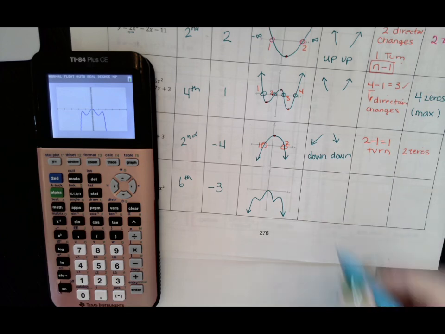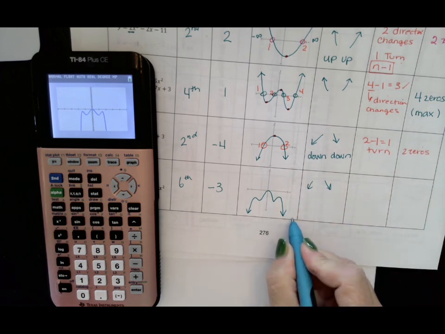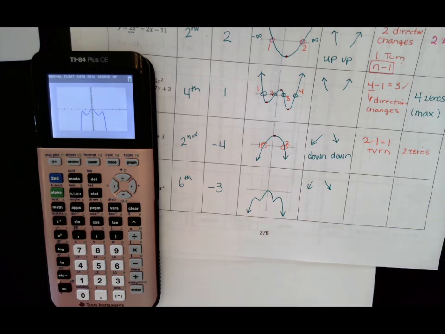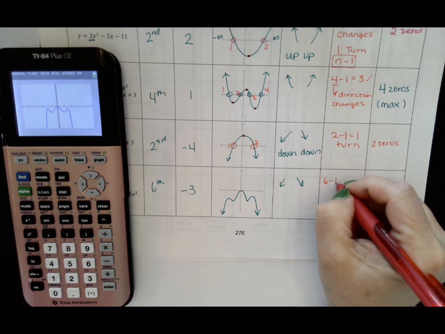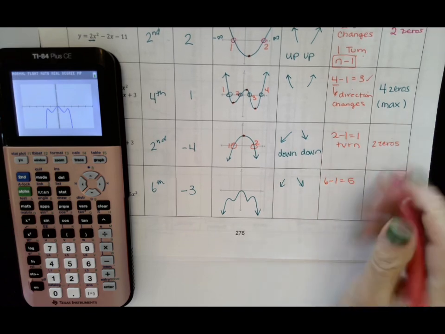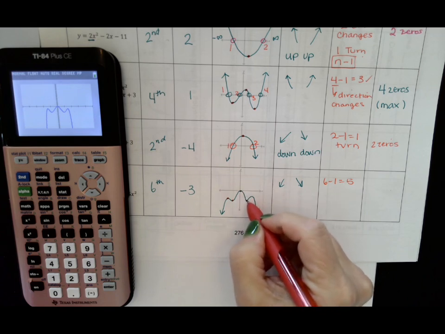Okay, so what do I have? What is my end behavior? My end behavior is down, down again. And this is a 6th degree polynomial. So what that looks like is 6 minus 1, which is 5 turns. So I have 1, 2, 3, 4, 5.